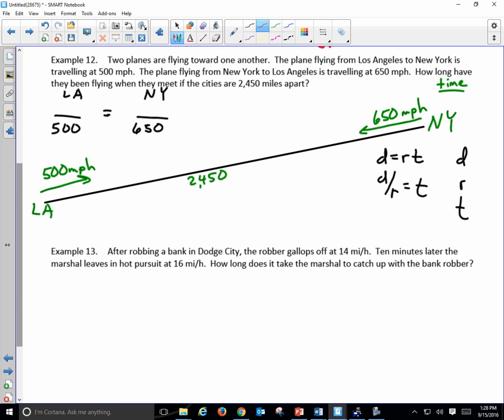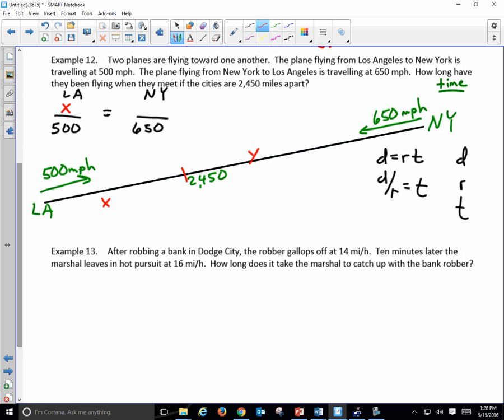Another volunteer. All right, thank you, Michael. Tell me when you think I've reached the point at which they will meet. Okay, great. So we'll call that x. So that distance is x. What do you want to call the other distance? Awesome. But I don't like two variables, so how can I get rid of that y variable?